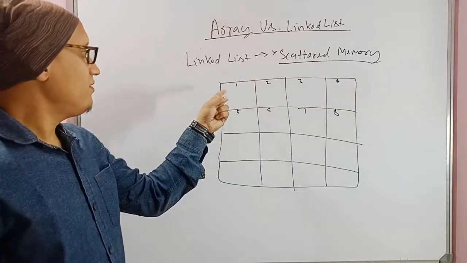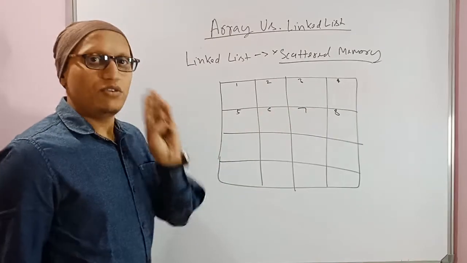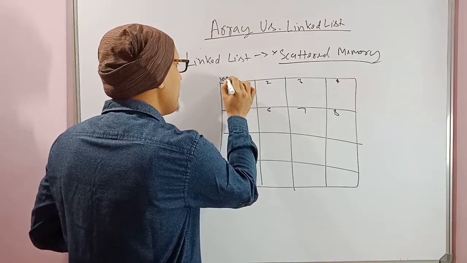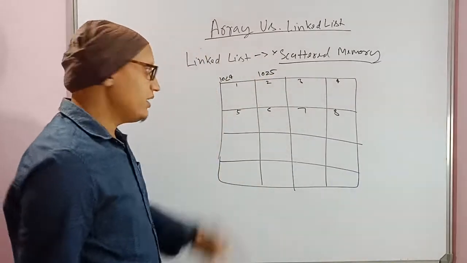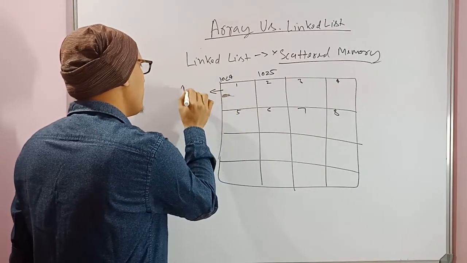Guys, don't take this 1 2 3 4 as the actual memory location, I'm just giving a reference with the number. So this memory locations can be like 1024, 1025. So each memory block is representing a single byte.